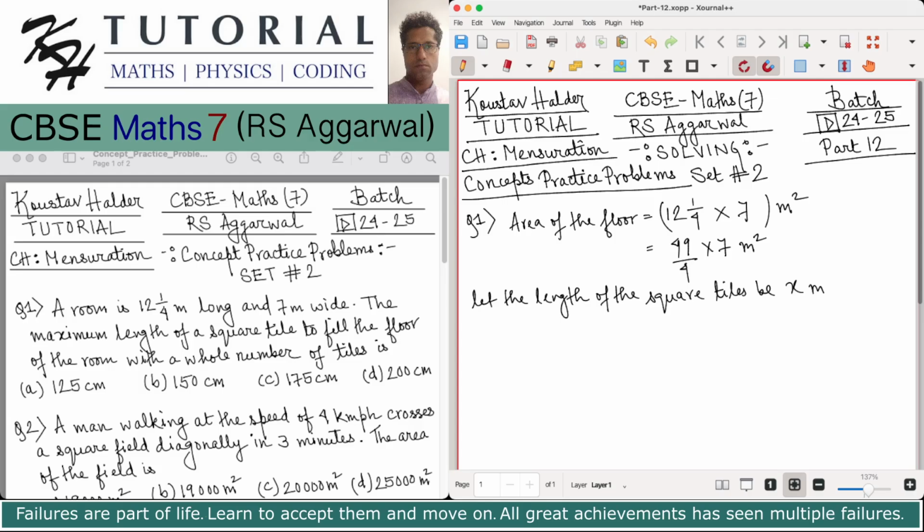is not a perfect square. 49 by 4. Okay. What is the maximum length of a square tile?